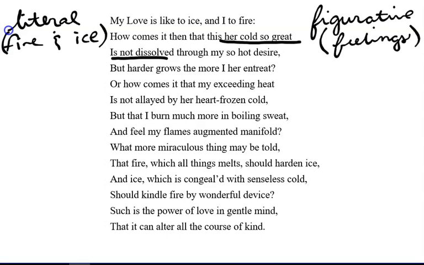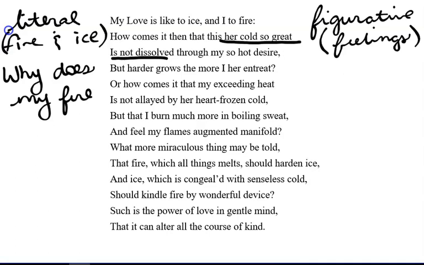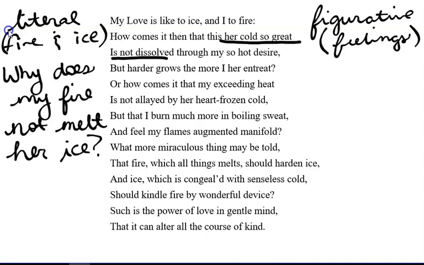All right, so when he says, why is this, her cold so great is not dissolved through my so hot desire? So he's questioning, why does my fire not melt her ice? All right, so there's the first part of the question. But figuratively, what does this mean about their feelings?